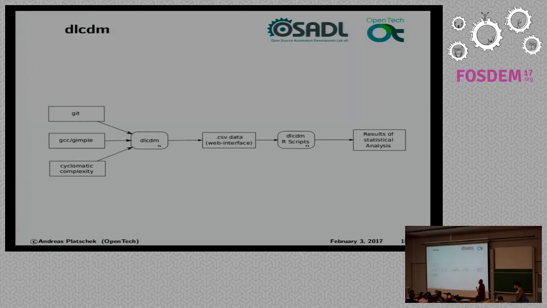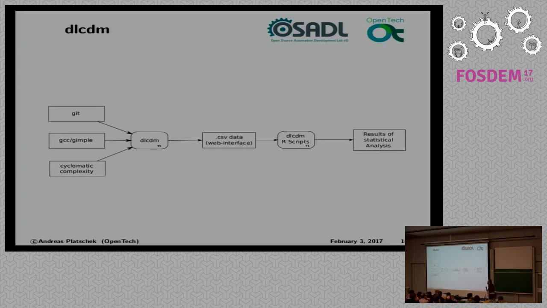Okay, so what's the general idea behind this approach? The idea is that we have our input data. Currently, this is git log and git blame. We also take the GIMPLE output from GCC. I'll explain later for what exactly. We also use the cyclomatic complexity for all the functions. This is still in prototype, so I don't have it in the web interface yet.